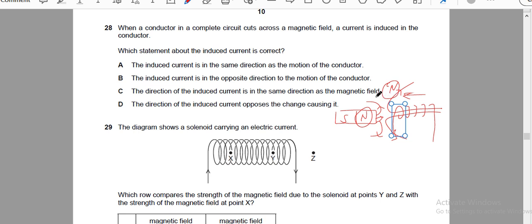This repulsion will make the movement of the coil in this direction, so it opposes the direction that causes the induced current and the magnetic field formed. So, induced current in the same direction of motion of the conductor.